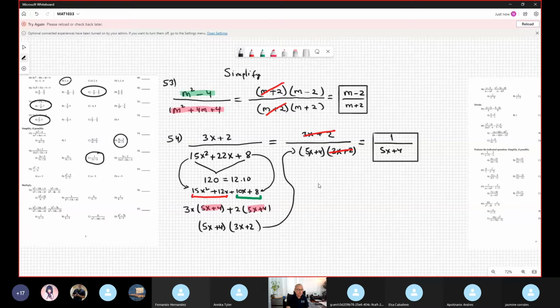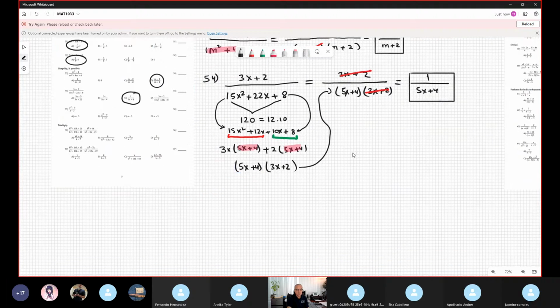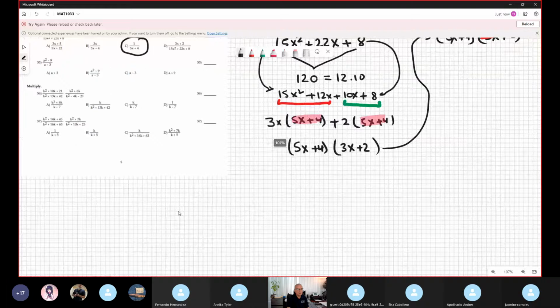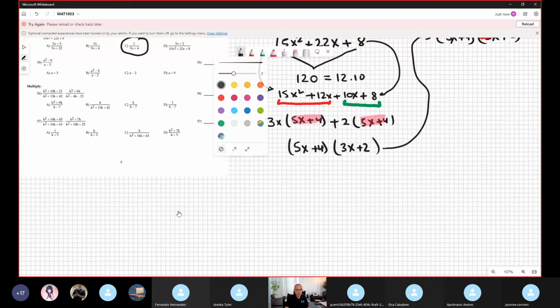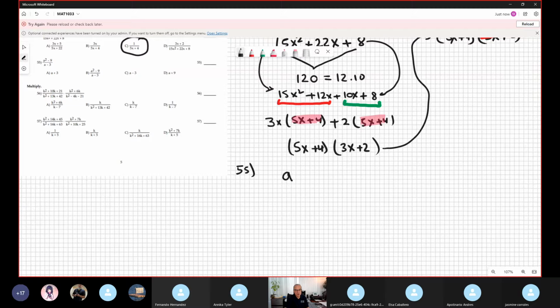Now 55. Let me solve it here. 55 is a squared minus 9 divided by a minus 3. Simplify. Okay, I see clearly.